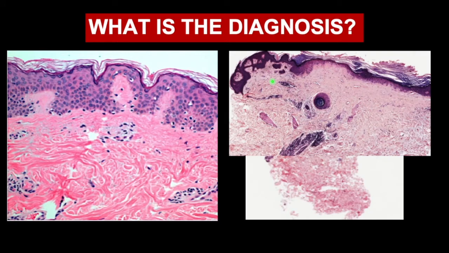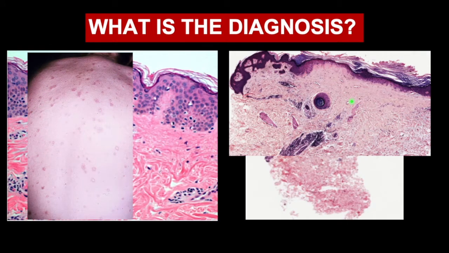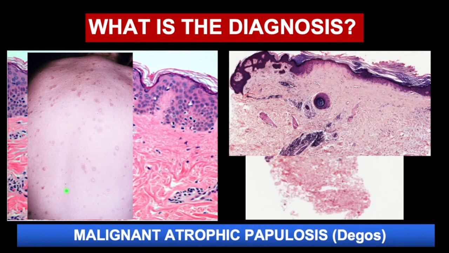If you go on high power, you start seeing areas that have kind of sclerosis inside the dermis. If you look at the clinical pictures, they look like crops of papules, erythematous papules on the trunk, especially on the back.